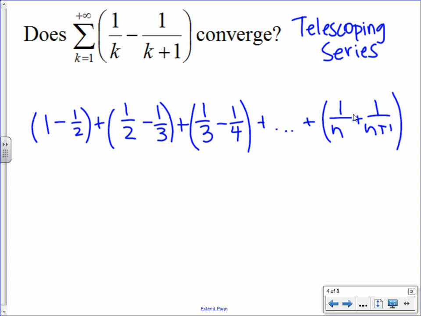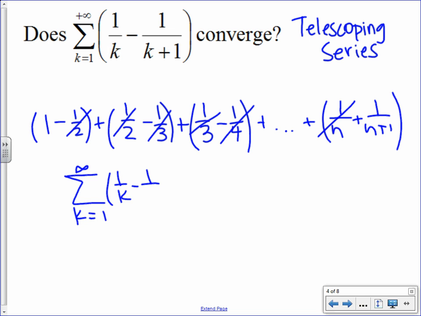Okay, so negative 1/2 plus 1/2, negative 1/3 plus 1/3, negative 1/4 plus 1/4. So all of those are going to cancel, and our sum is really just 1 minus 1 over n plus 1.